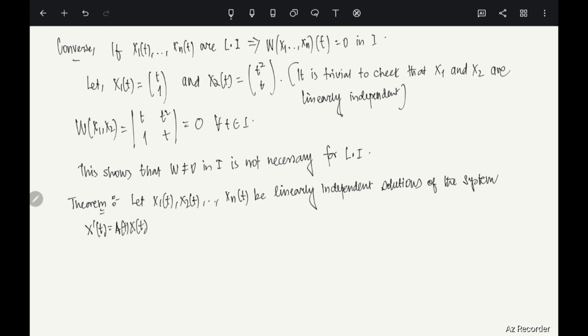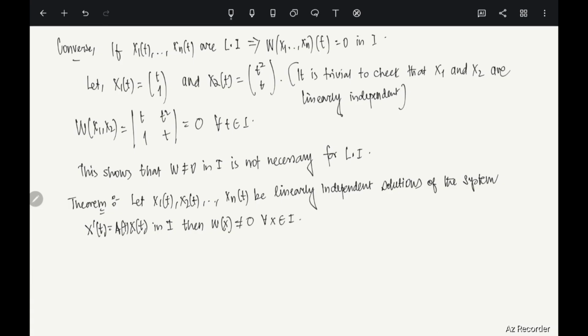If they are linearly independent solutions of a homogeneous system in I, then you can guarantee that the Wronskian will be non-zero for all t in I. I hope this is clear.